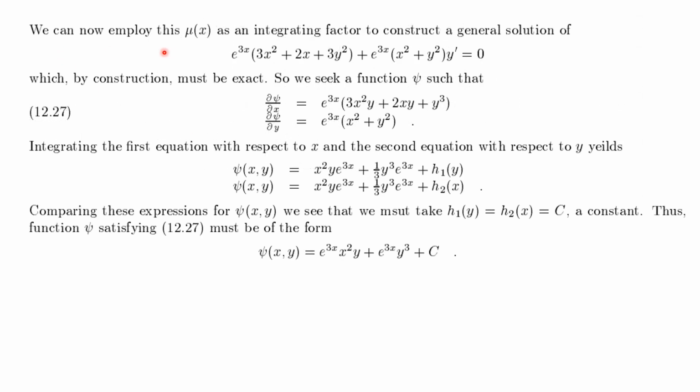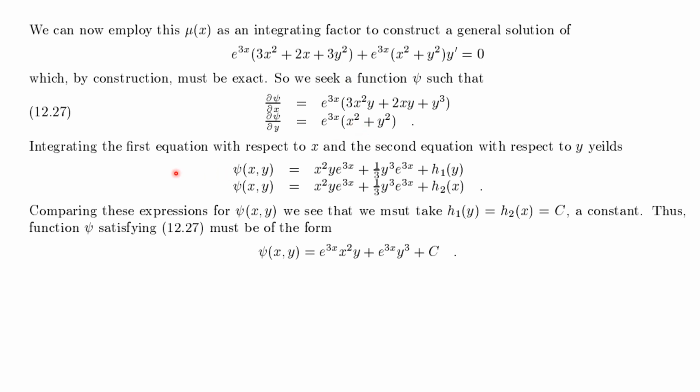So now we're going to use this as an integrating factor. So we'll multiply all the way through by e to the 3x here and e to the 3x here. Now, if you check, you'll see that the partial of psi with respect to x is this, m of x, y, and the partial of psi with respect to y is this. That's what we have to find.